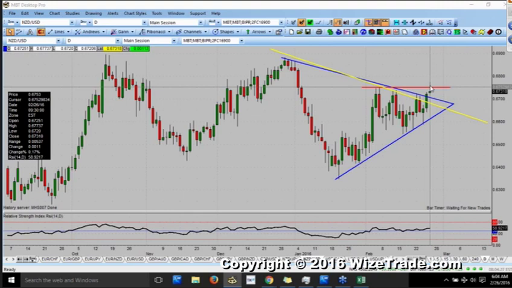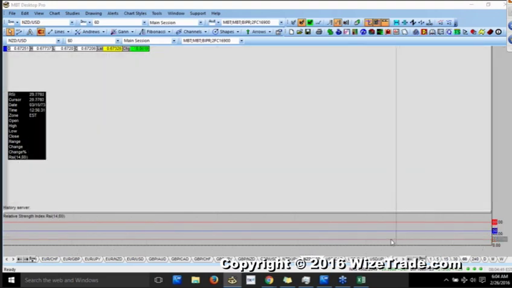That will say a lot for the Kiwi. That'll speak volumes if we can close above this 67.50 level. But the flip side is if we break back below 67 cents, that's not going to be pretty.